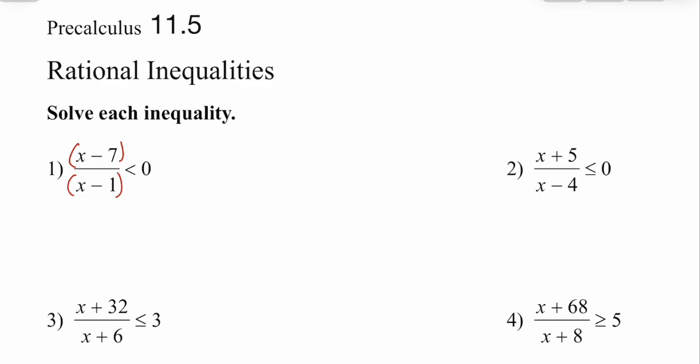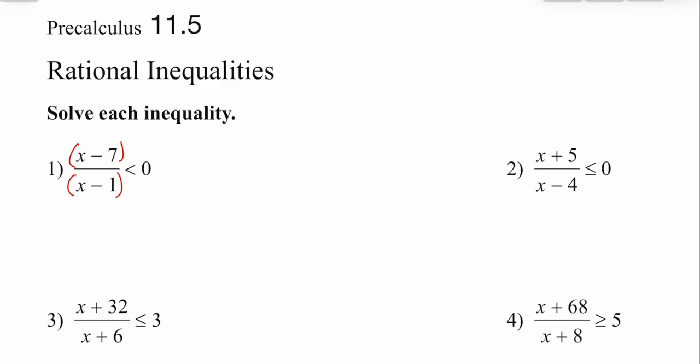Now, for this to work, we want this to be related to 0, which it is. If it is not, like number 3, we will fix that. But our first one here, we have the top in factored form, the bottom in factored form, it's related to 0, and that's our goal.